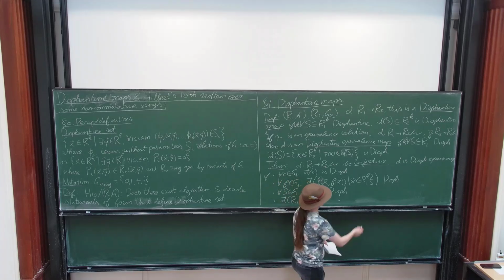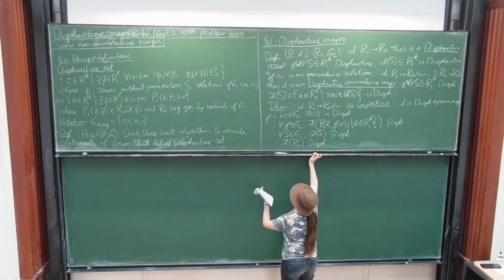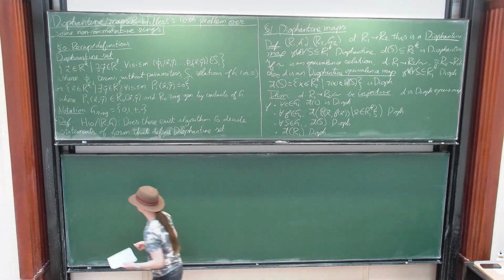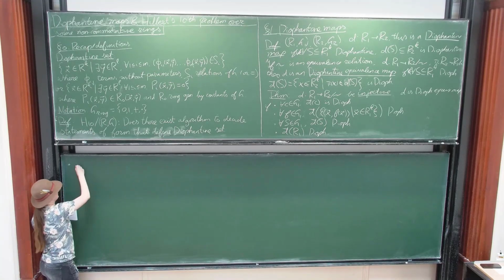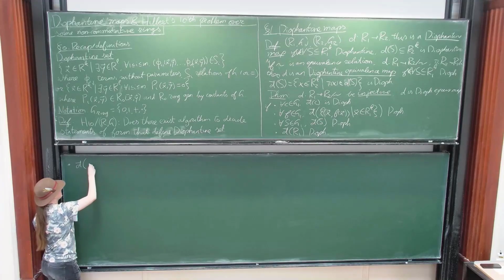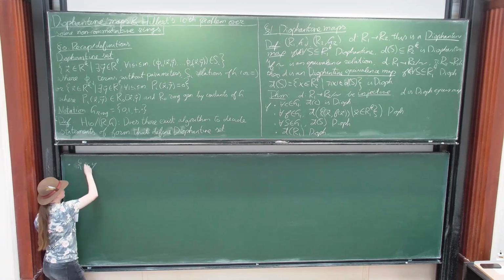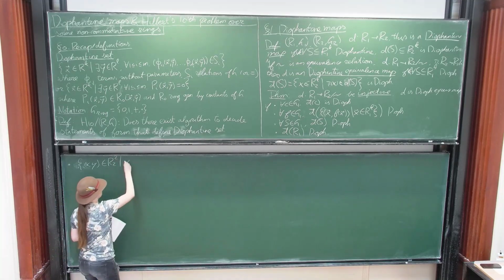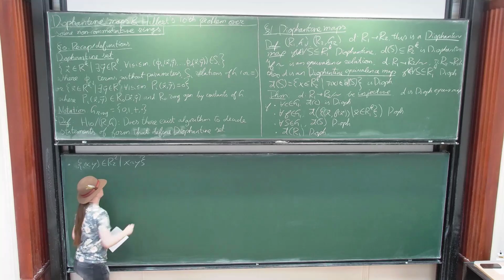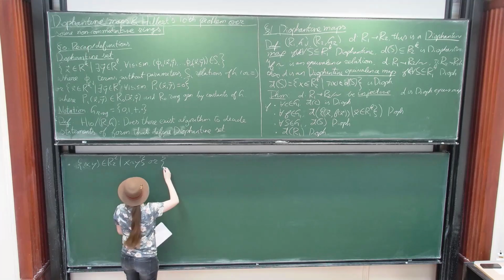The last thing we want is that our equivalence relation behaves well. Either one of those two things needs to hold. So you want the set of (x, y) in R2 squared for which x is equivalent to y to be Diophantine, or you only want that in the image.